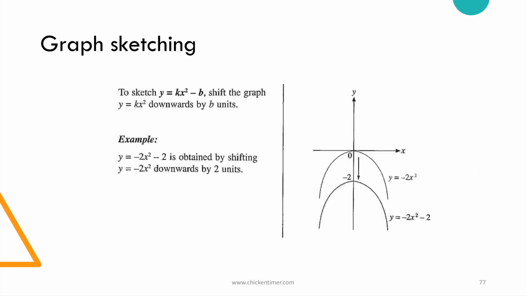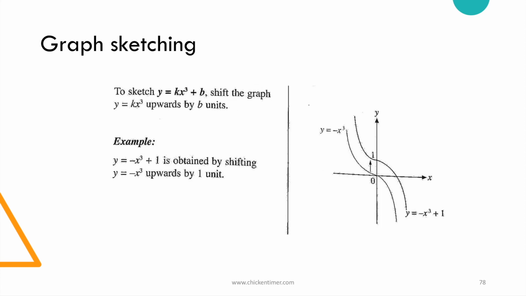If you have minus b like this, you shift down the graph by b units. If you have, say, kx cubed plus b, like the example down here, negative x cubed plus 1, you draw y equals negative x cubed first, then you shift it up by 1. This is how you do the plus and minus.